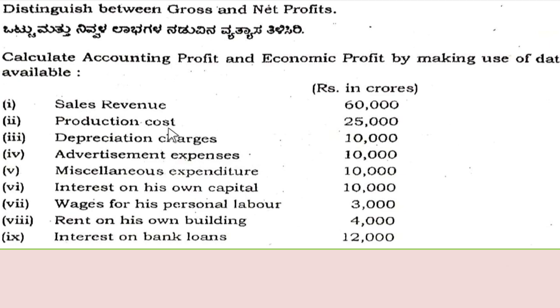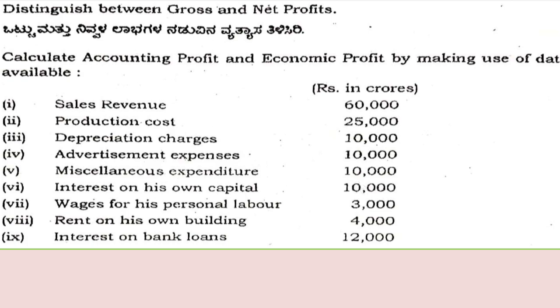And production cost also comes under explicit costs. Next, depreciation charges come under explicit costs. Advertisement expenses of 10,000 come under explicit costs. And miscellaneous expenditure of 10,000 comes under explicit costs.